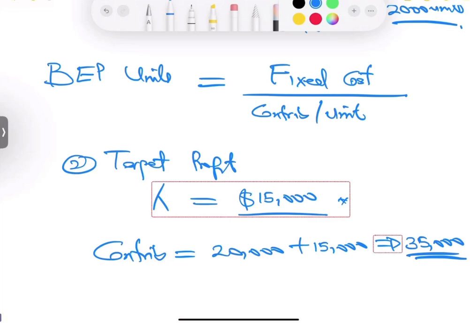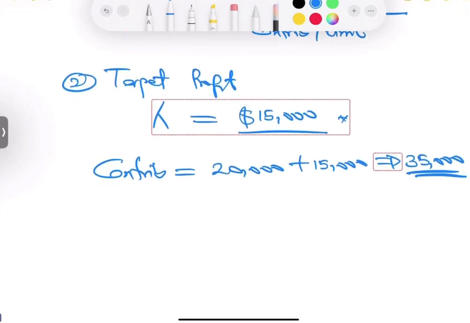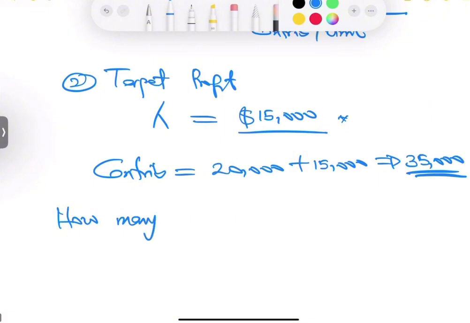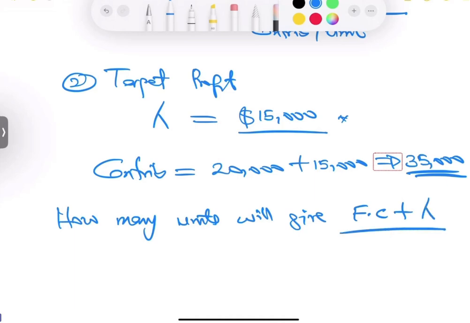Yeah. So the question that we'll be asking is, how many units will give not just fixed cost, but fixed cost plus the target profit, which is this.